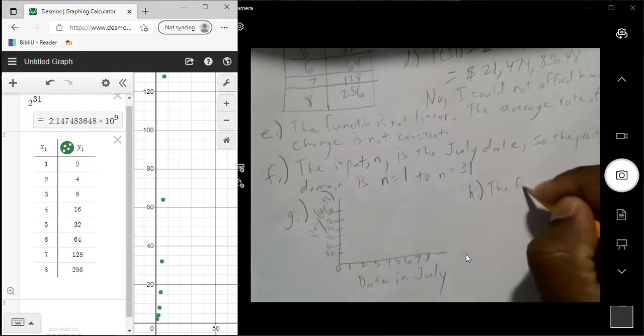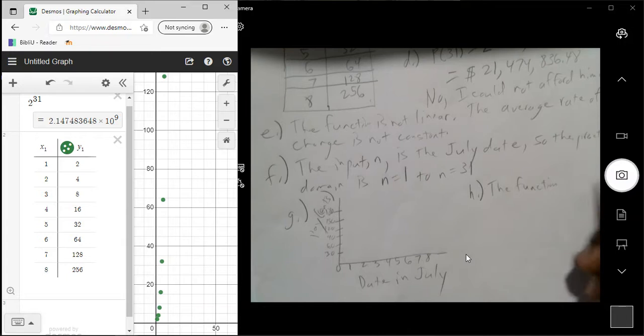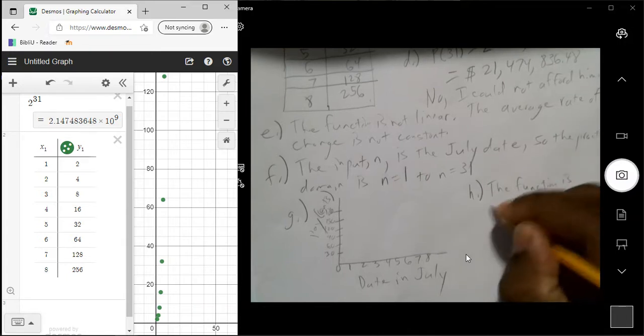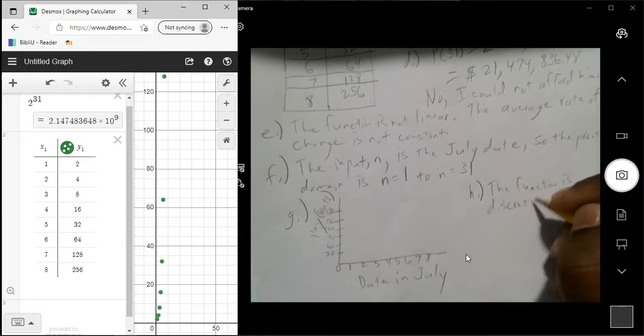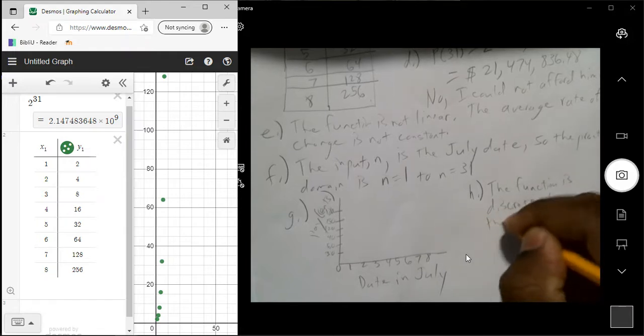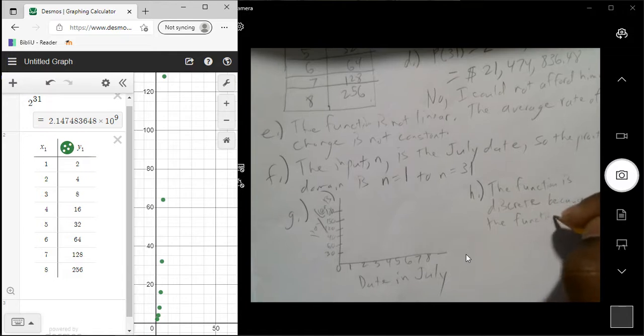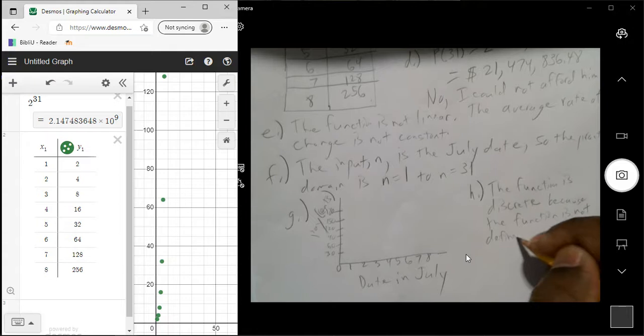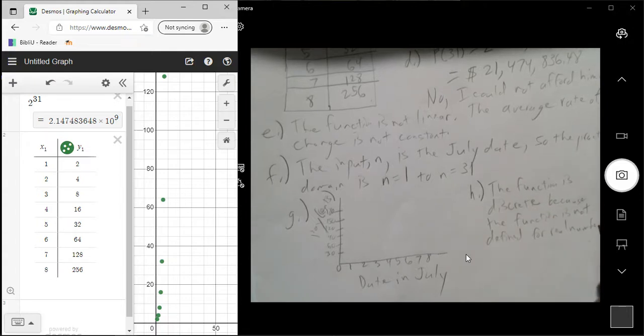Okay, now you must know the definition of discrete and continuous, but the function is discrete because the function is not defined for real numbers between 1 and 2, 2 and 3, etc.